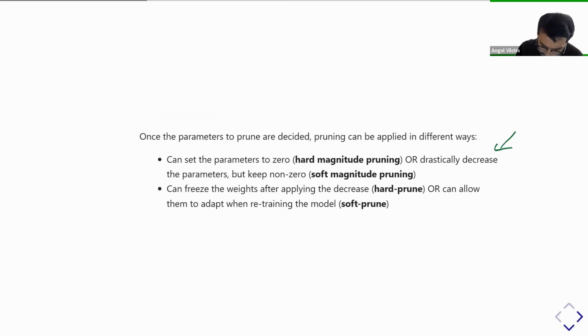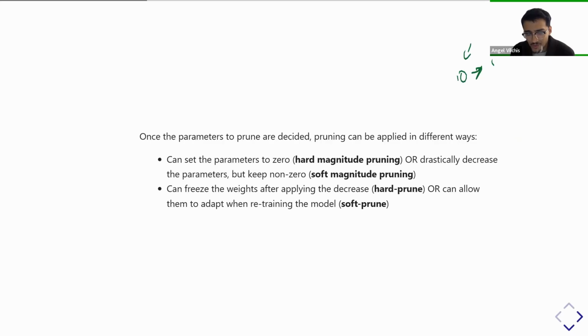For example, let's say we know a weight is unimportant and has a value of 10. With hard magnitude pruning, we would move this to 0. With soft magnitude pruning, we could reduce it to 10% of its value, or however we want to apply it, but we don't zero it out, and that would make it 1. So that's hard magnitude pruning versus soft magnitude pruning.